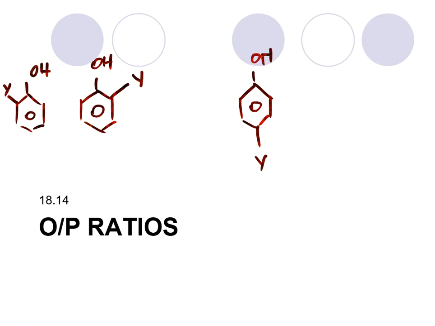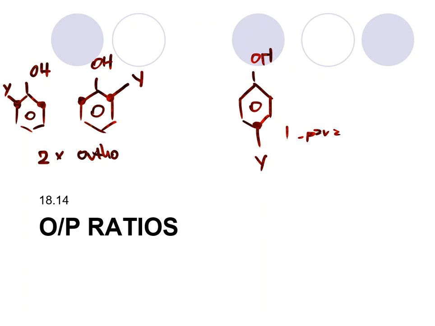So due to probability and due to statistics, I have two orthos on this benzene ring. Two ortho positions. So I've got 2 times that I could form an ortho compound, and my paras, due to math and probability, I only have 1 para position that I could form.